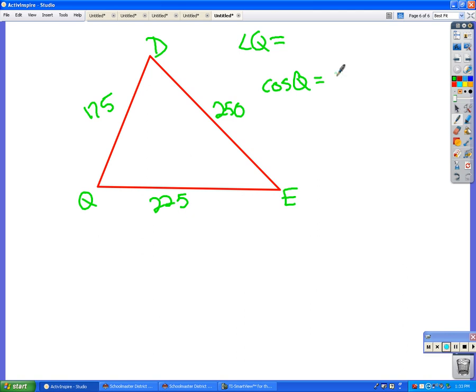So I'm going to start with 250 squared minus 175 squared minus 225 squared. And the order of those last two wouldn't matter. If I subtracted 225 squared first or 175 squared first, I'm going to get the same thing either way.